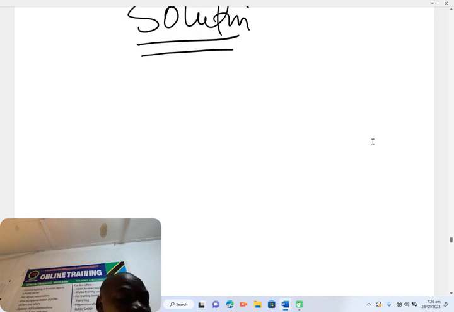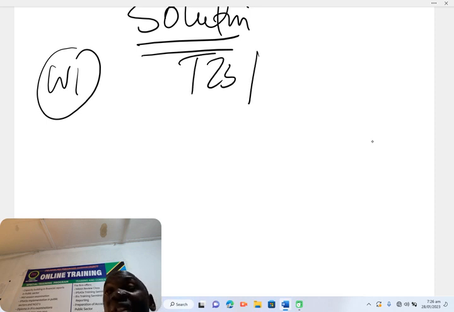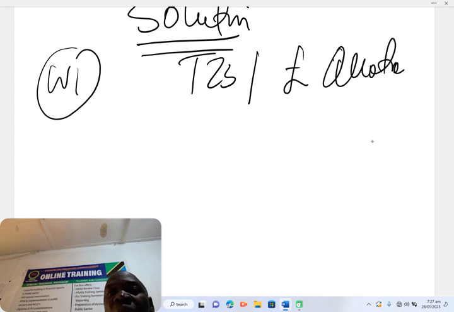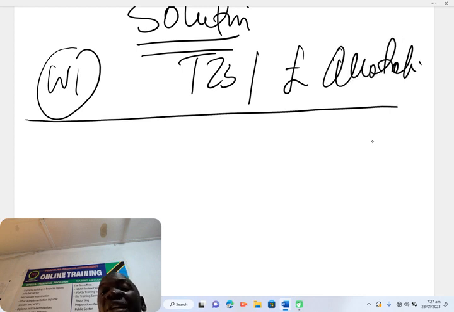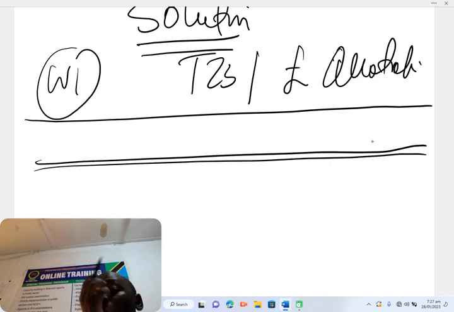You have to start with the first transaction where pound is being traded. So quotation 1. Working 1, we are saying Tanzanian shillings against pound. I want to make this one first so that you understand clearly.